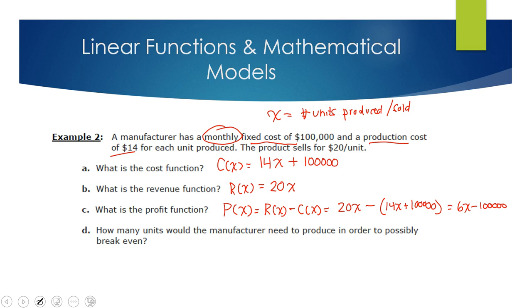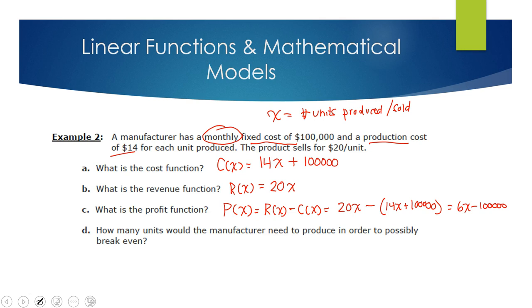In part D, you're asked, how many units would the manufacturer need to produce in order to possibly break even? Breaking even, there are different ways of defining it, but basically it means you've sold enough units to cover the cost of making those units. So breaking even means I'm not making any profit.